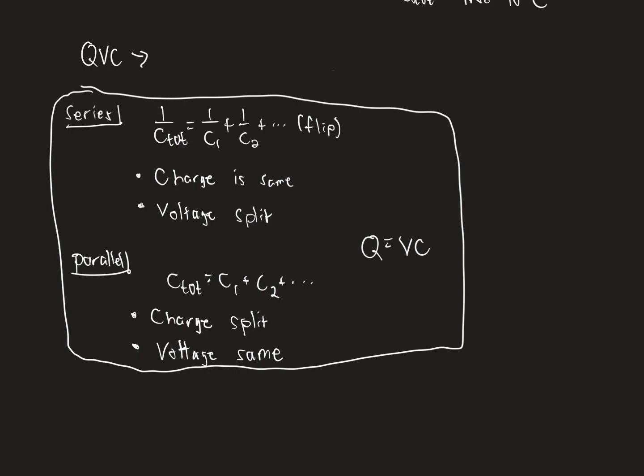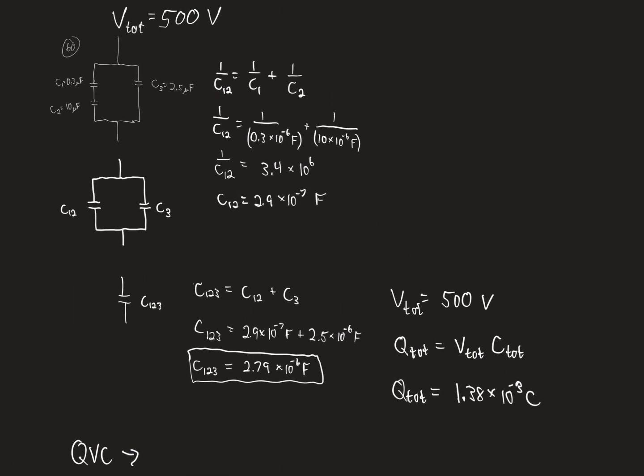So whatever voltage I have right here, the voltage is going to stay the same up here as I go backwards, because this is in parallel. So how many volts are going through C12? 500 volts. So let's say V12 equals 500 volts.